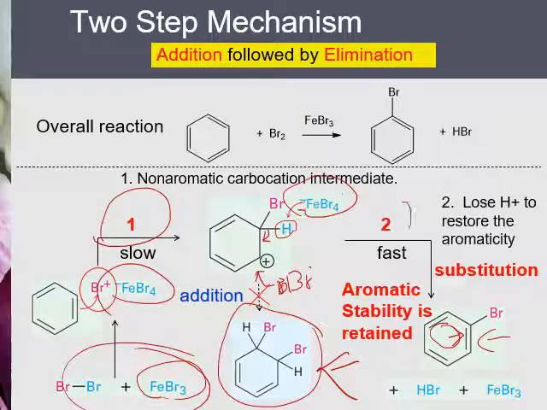The second step in aromatic reaction is the elimination reaction to resume aromaticity instead of forming dibromide compound. So I want everyone to be able to draw this mechanism. Practice until you can draw the mechanism.